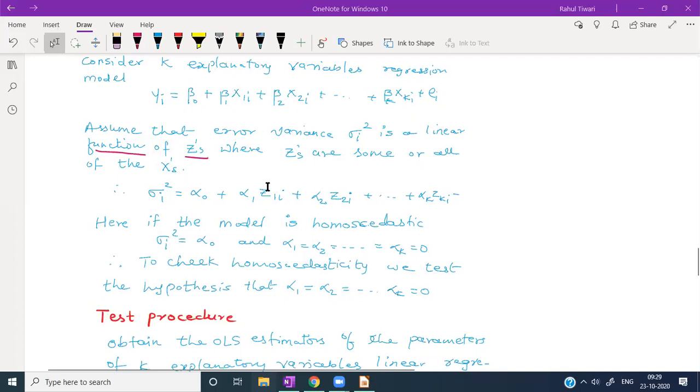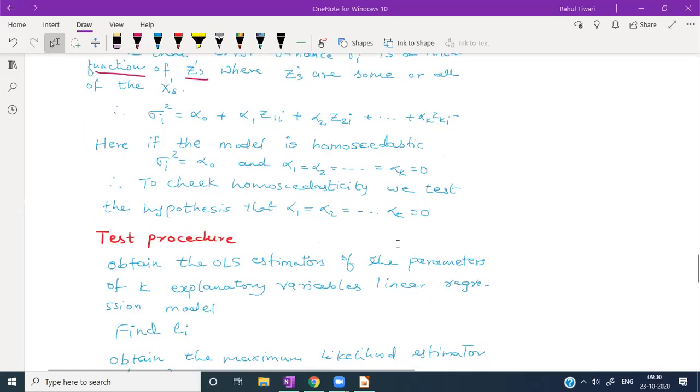So z can be 2 cross 2 also, z can be 1 cross 1 also. That's why it is told z's are some or all of the x. Are you getting it? Again, this is your actual observation only, your actual independent variables only. But it may assume all, it may assume some. So that's why they have written some or all. Yes. Any other question?